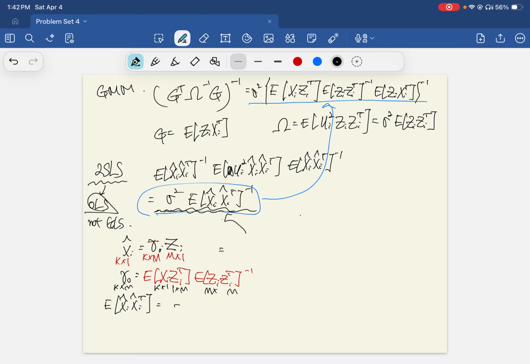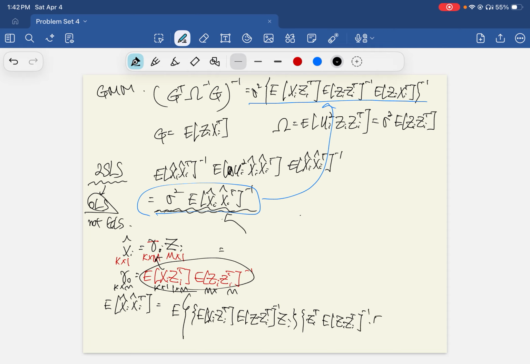Anyhow, then now the first xi hat can be written as xi zi transpose expectation zi zi transpose inverse times zi, right? So this is gamma times z. This much is the first xi hat. And the second xi hat, because you take transposition, we are doing the same thing in the other order, in the reverse order. That is what we do. Okay.